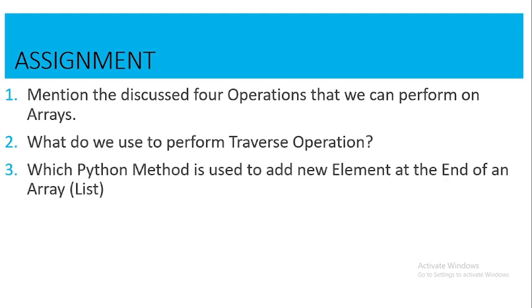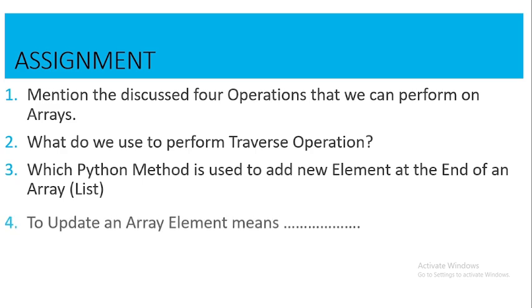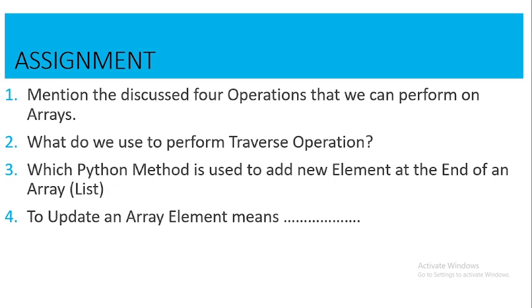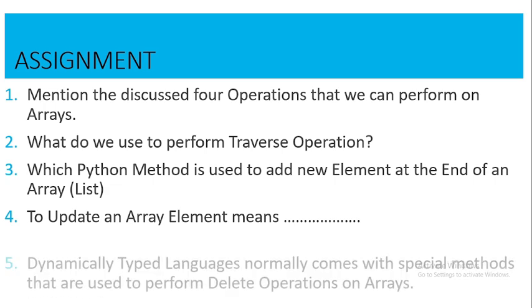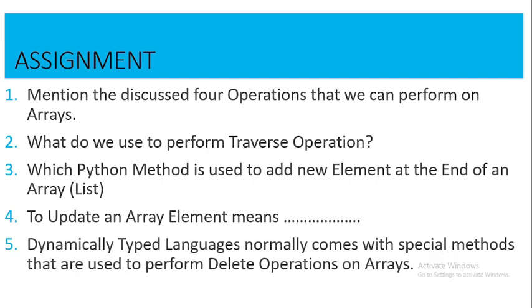Which Python method is used to add new elements at the end of an array or list? Question 4. To update an array element means what? Then the last question: dynamically typed languages normally come with special methods that are used to perform delete operations on arrays. True or false?